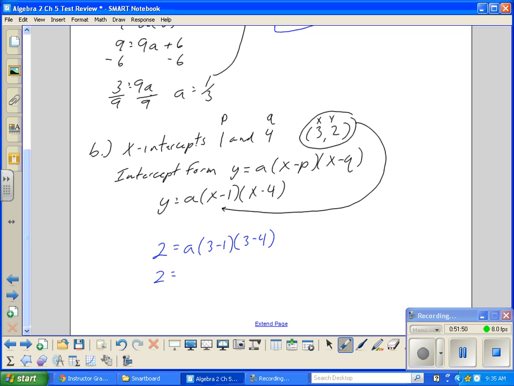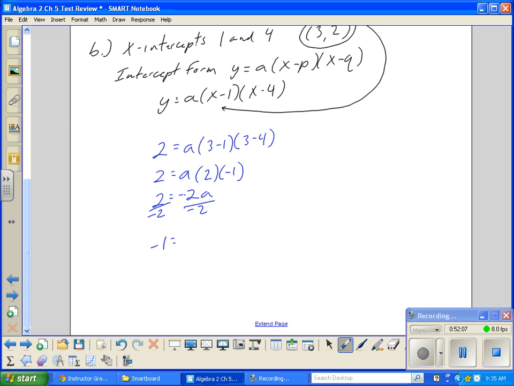Or to simplify it, 2 equals a times 3 minus 1 is 2, 3 minus 4 is negative 1. So 2 equals 2 times negative 1 is negative 2a. Divide by negative 2 to solve for a. And we get negative 1 is equal to a.